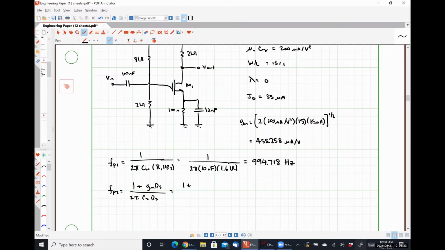So that is going to be 1 plus this 458.258 microamps per volt times 100 ohms, over 2 pi times 10 nanofarads times 100 ohms, and we get 166.448 kilohertz there.